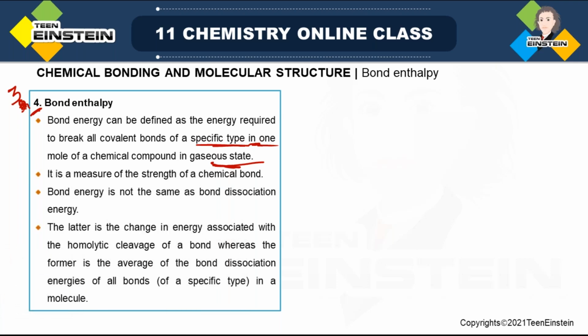So now we will see what is the difference between bond energy and bond dissociation energy, because sometimes these two terms are so close we can consider as if they are same, but actually there is a difference. When we are saying bond enthalpy or bond energy, whatever you say, both have the same energy unit, but we are trying to see here the difference with bond dissociation energy.